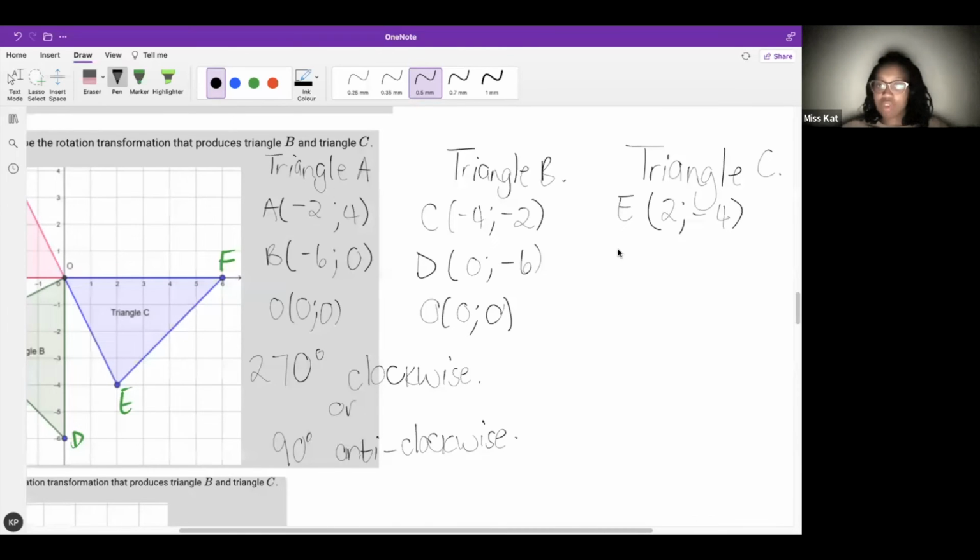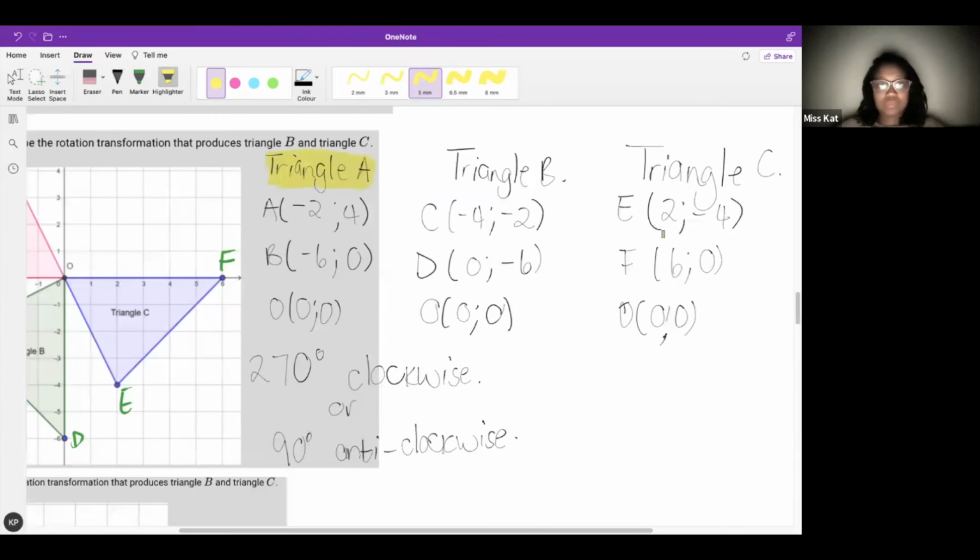Okay, what's the coordinate for F? It's 6, 0, and then O doesn't change, ne? O is just 0, 0. Okay, Fatima, what kind of transformation is this? Remember we're comparing it with triangle A, not B. We're comparing it with A, this one over here.